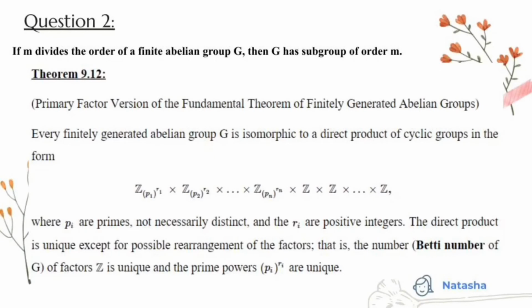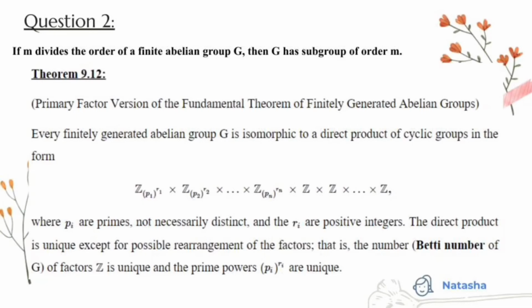For question 2, we wish to solve: if M divides the order of a finite abelian group G, then G has a subgroup of order M. Theorem 9.12, the primary factor version of the fundamental theorem of finitely generated abelian groups, states that every finitely generated abelian group G is isomorphic to a direct product of cyclic groups in the form of Z_{p1^r1} × Z_{p2^r2} × ... × Z_{pn^rn}, where the pi are primes, not necessarily distinct, and the ri are positive integers.